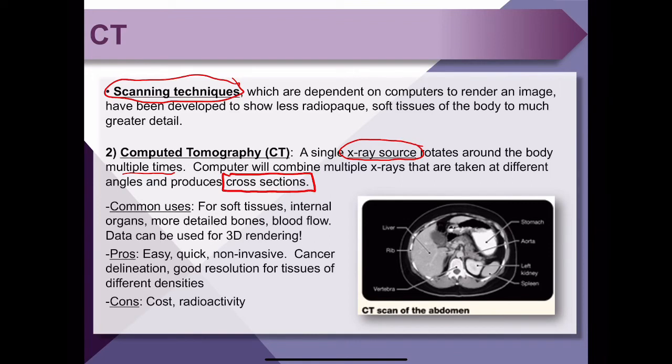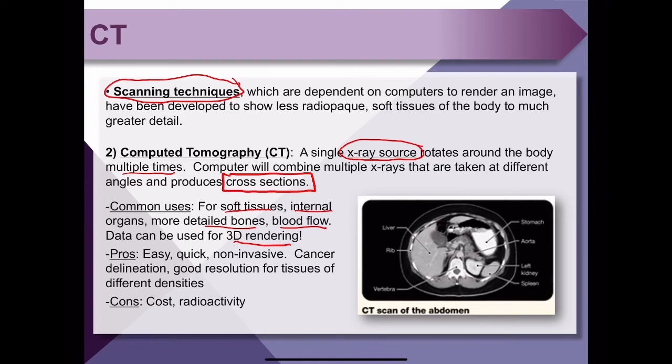Common uses are for softer tissues, internal organs, more detailed bone textures and surfaces, and even blood flow we can see with a CT scan. The data can be used for 3D rendering, which is what I was talking about, because it's a moving X-ray source.